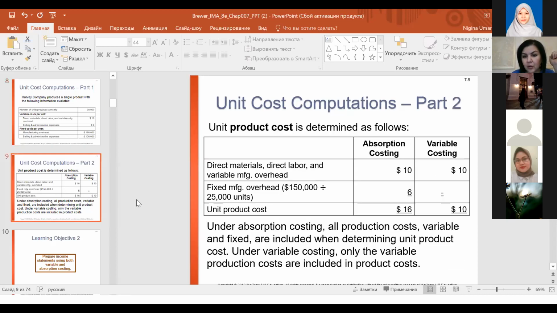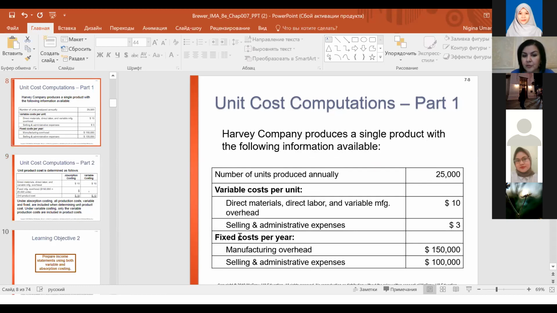Let's look now at what the unit product cost is under each method. Look at the absorption costing method. What we include in the unit product cost: direct material, direct labor, variable manufacturing overhead, $10, plus fixed manufacturing overhead per unit. What is the total amount of fixed manufacturing overhead? $150,000, it's fixed.